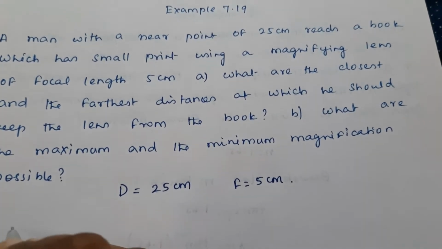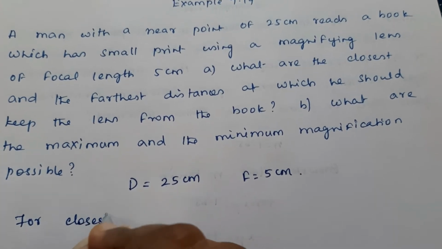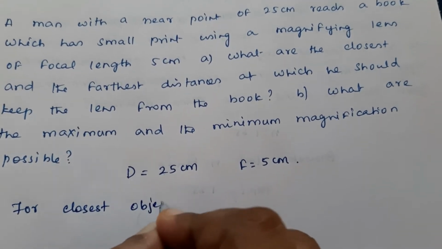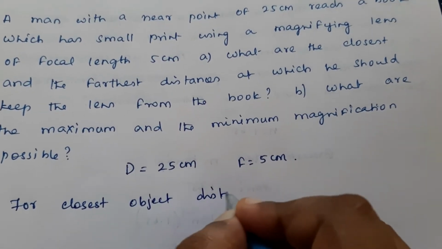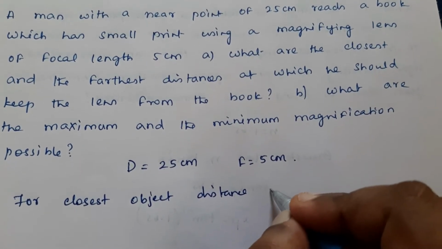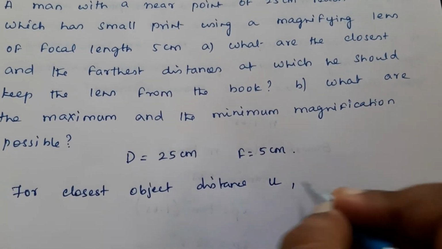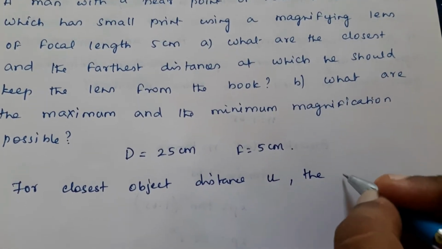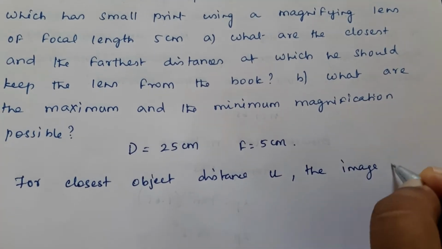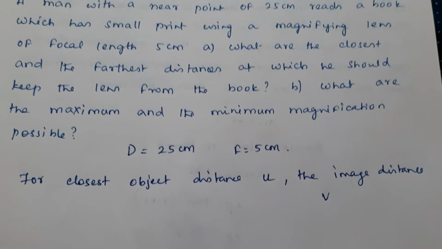So for the closest object distance, we take it as U. The corresponding image distance is V. But what is your V?